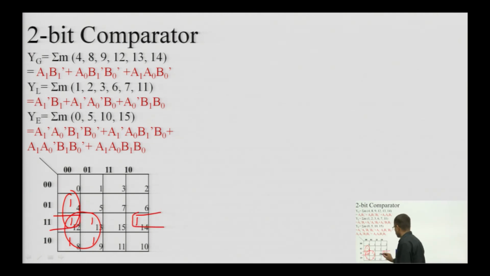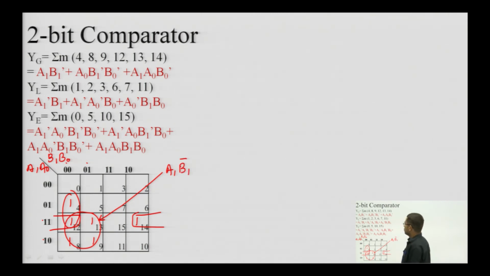Okay. So, for this quad, if we mention here A 1 A naught and B 1 B naught, we can see that this 1 is common, which corresponds to A 1. From these two rows this 0 is common, which corresponds to B 1 complement.